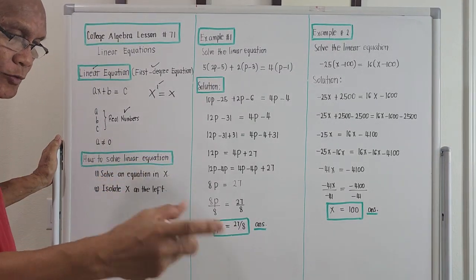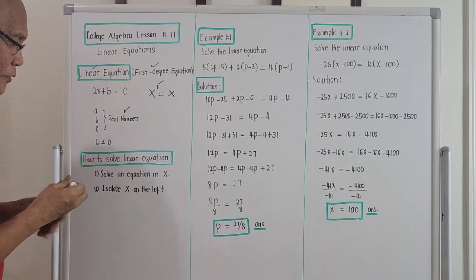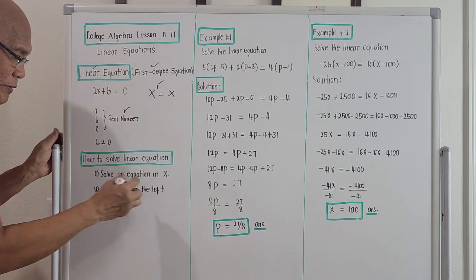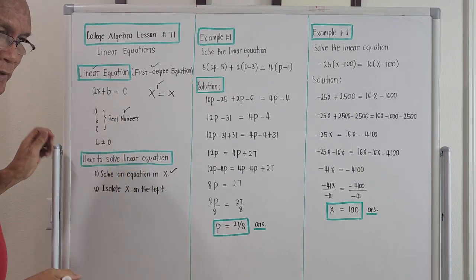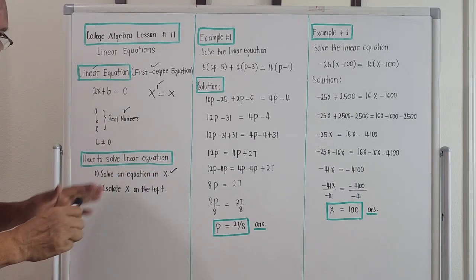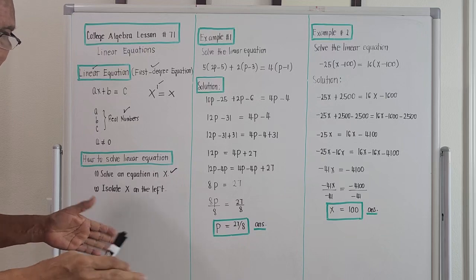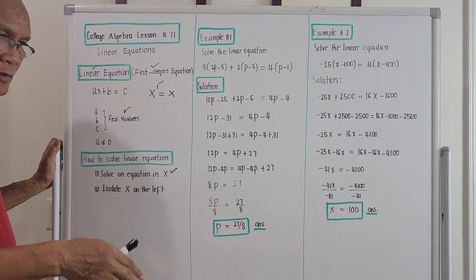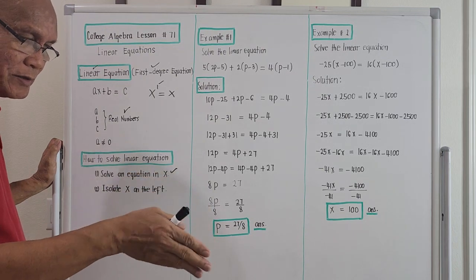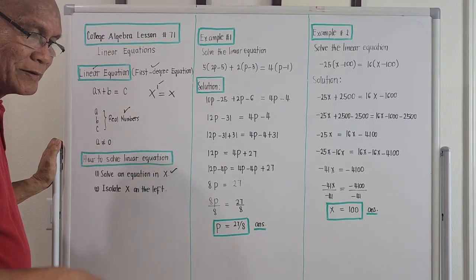To solve a linear equation, we must compute for x. Solve an equation in x, if the unknown is represented by x, but it could be represented by another variable. It depends on the problem. If the problem gives us a linear equation in which the variable is y, you should solve for y.